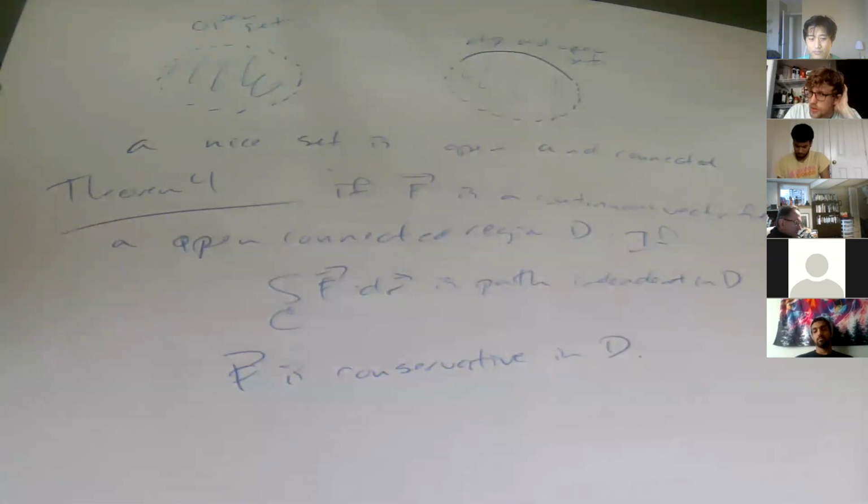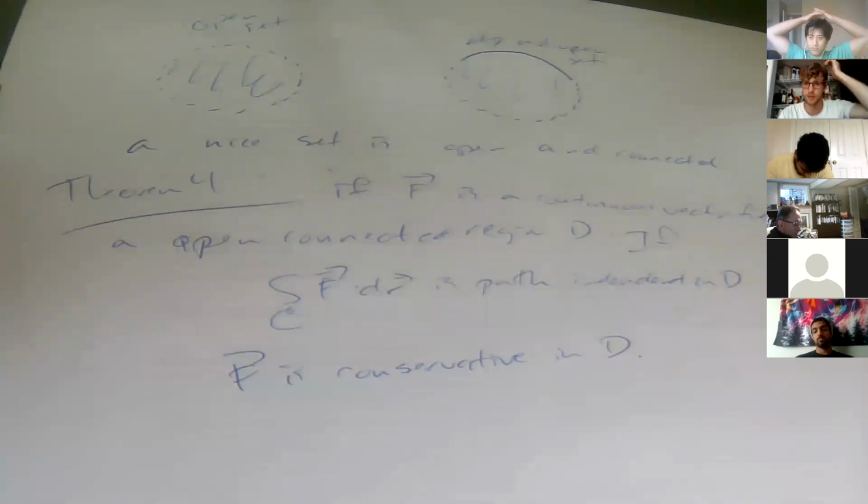You could still have something be path independent on a set that's not open, or not connected too, right? You could still do the same thing. Yeah, you could definitely have path independence on non-connected sets.